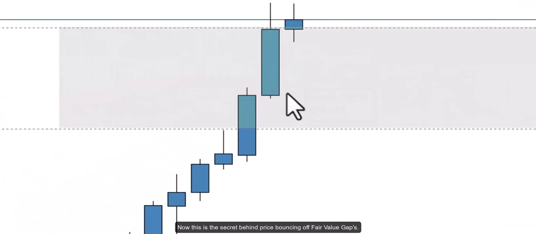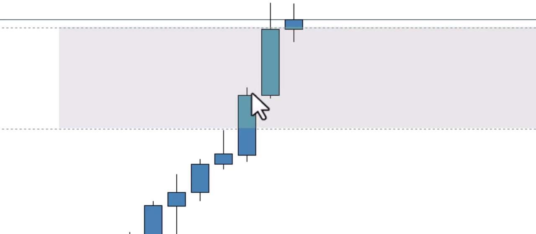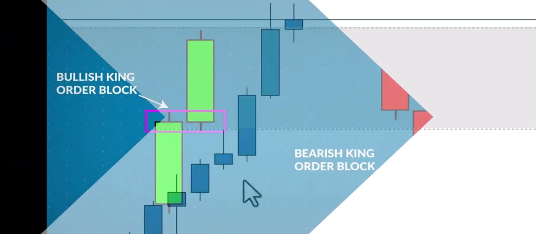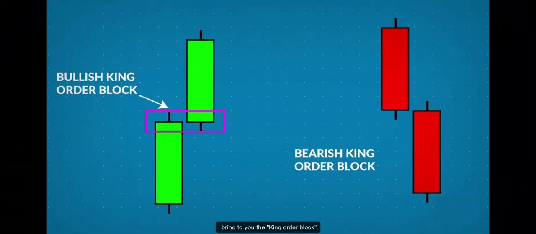Now this is the secret behind price bouncing off fair value gap. I bring to you the King order block. This is what price will be mitigating when you see price magically bouncing off fair value gaps.